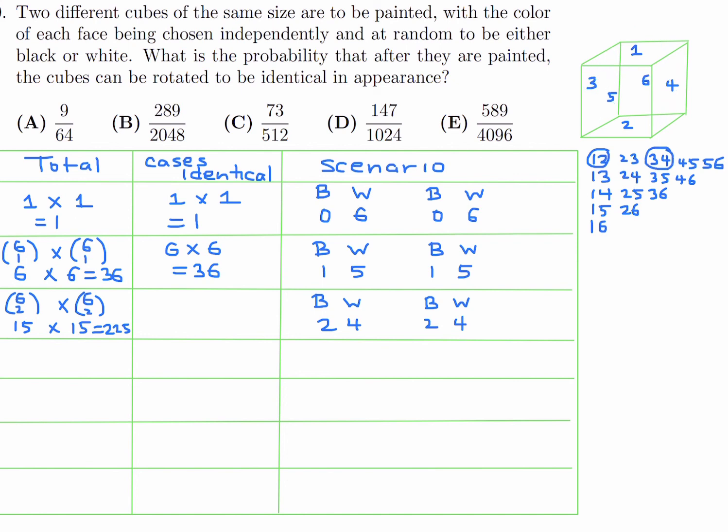And what's the other top and bottom? 5 and 6, right? The front and the back, if you rotate it that way, it'll become a top and bottom. So those 3 can match the exact 3 from the other 15 for the other cube. So 3 times 3. 3 from the first set times 3 from the second set. Those will be able to match when you rotate them to look identical.